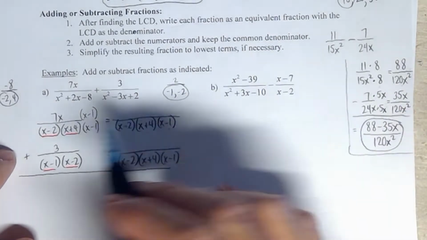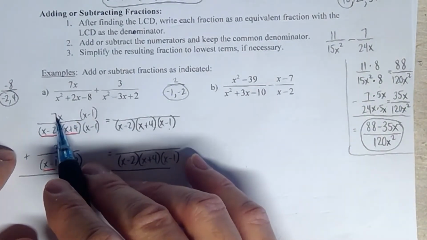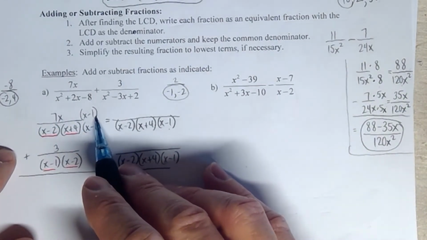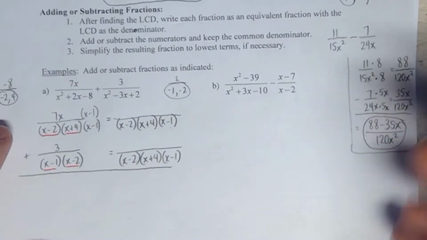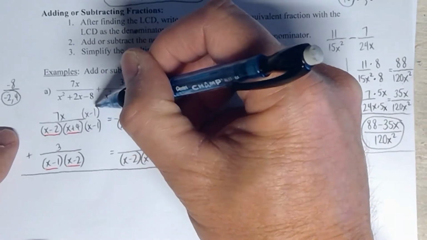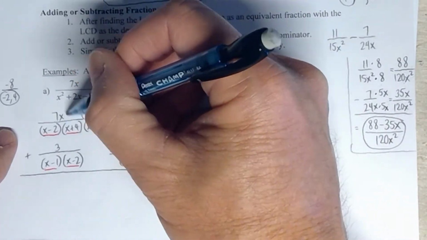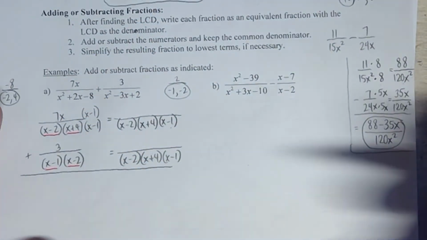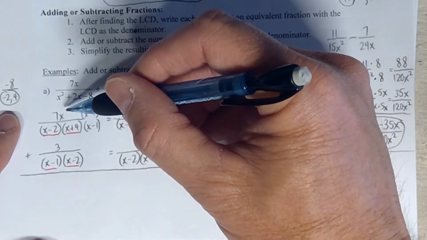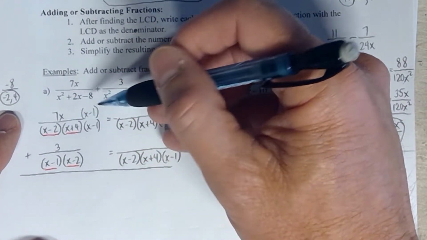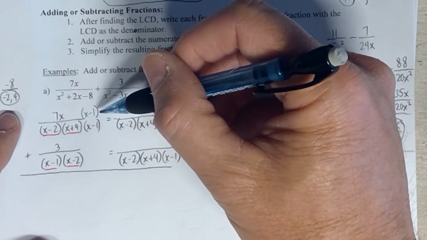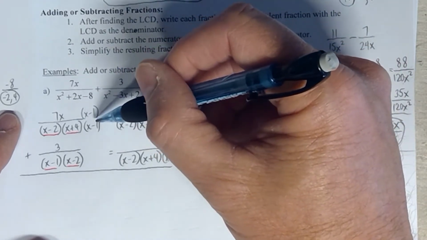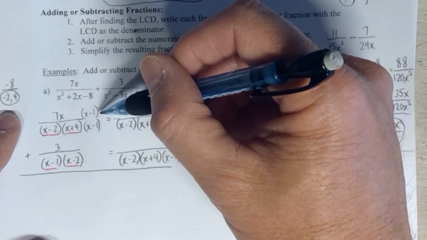Now, this is especially important here because you have a single term being multiplied by 2 terms. Just a reminder again, when you are multiplying something that has more than one term in it by something other than the number 1, 7x is not the number 1, obviously, so that would count here. When you're multiplying 7x times something with more than one term in it, you have to bracket it because you have to multiply by this whole thing.